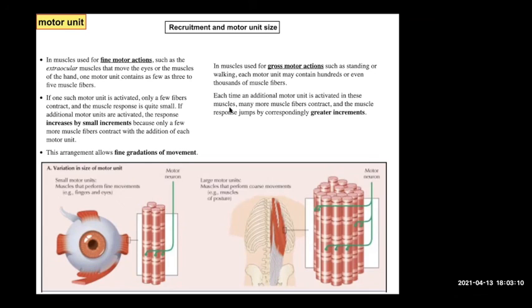When you get one motor neuron activated, and you put a second one on, that's going to double it in a very large incremental force. So the response is going to jump with correspondingly greater increments compared to these right here.